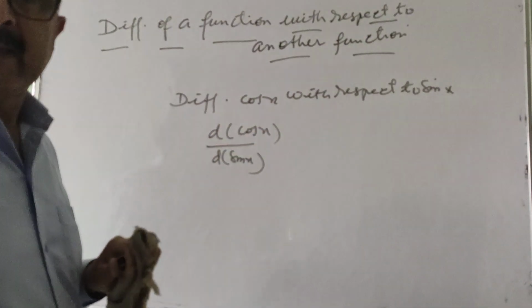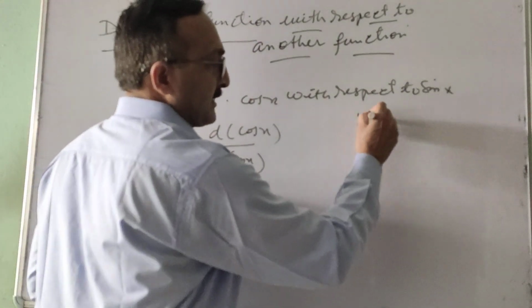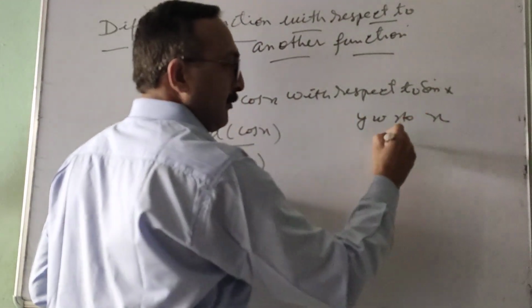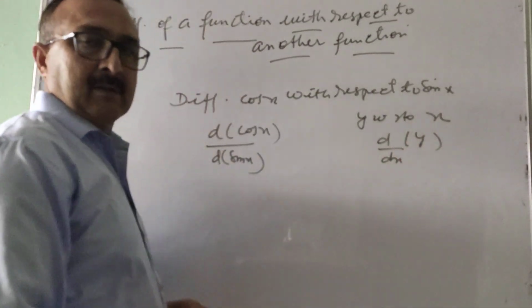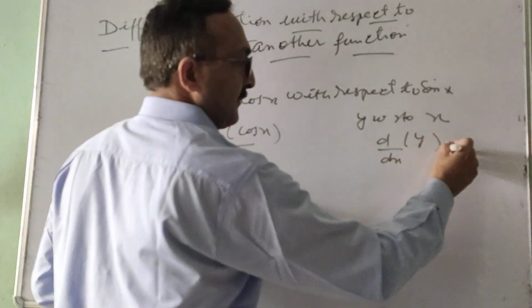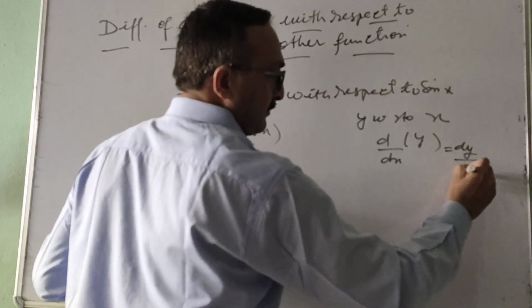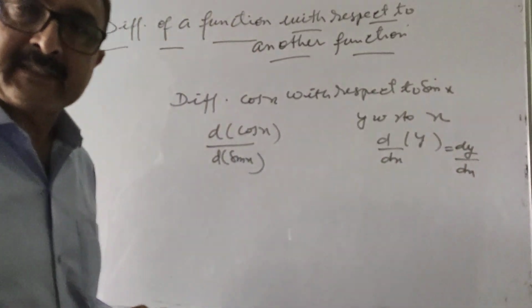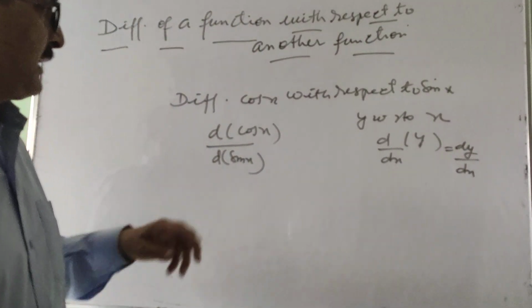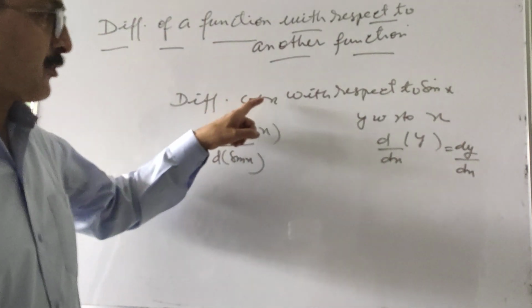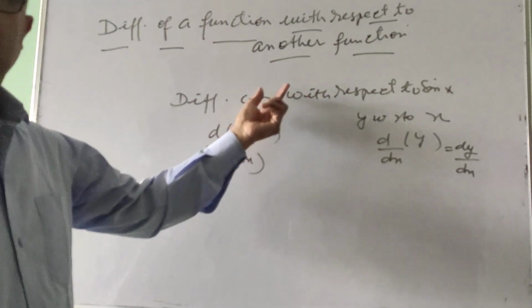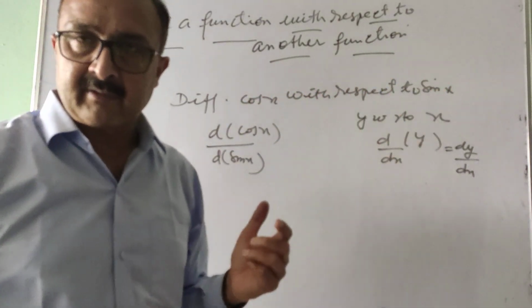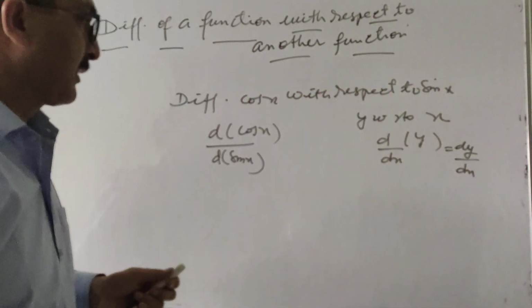As we know, for y with respect to x, how will you write? d upon dx of y, or you can write dy upon dx, isn't it? So here we are doing differentiation of cos x with respect to sin x, a function with respect to another function. Okay, understand?